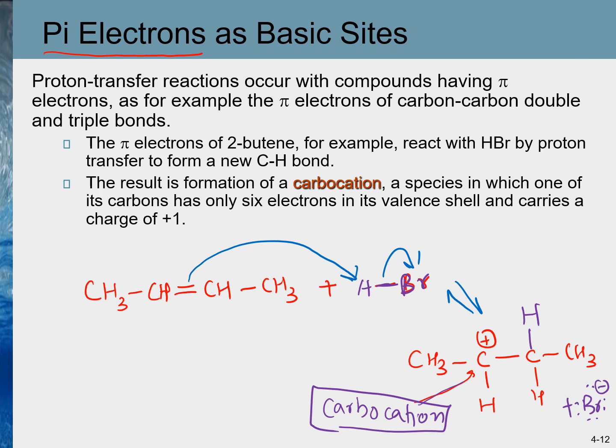In carbocation, the carbon atom which has a positive charge will have only 6 electrons in its valence shell. We will study carbocations in detail in chapter number 6. But for now, just remember that pi electrons can also act as a site to receive a proton in acid-base reactions.